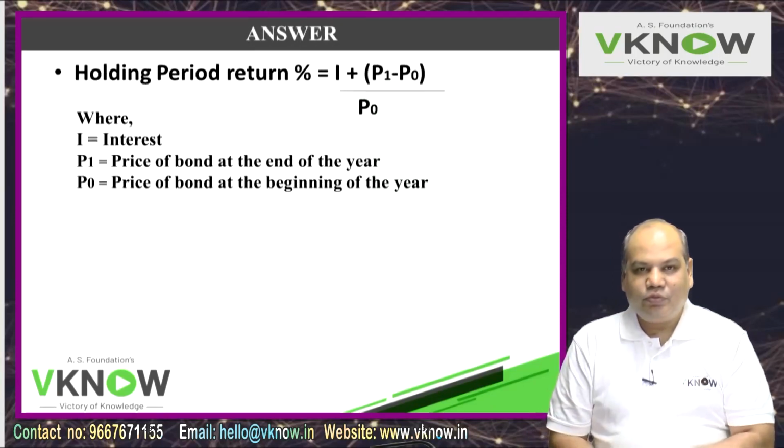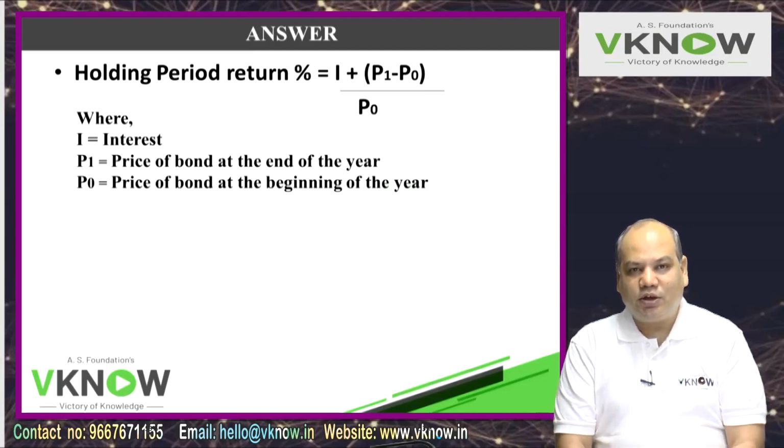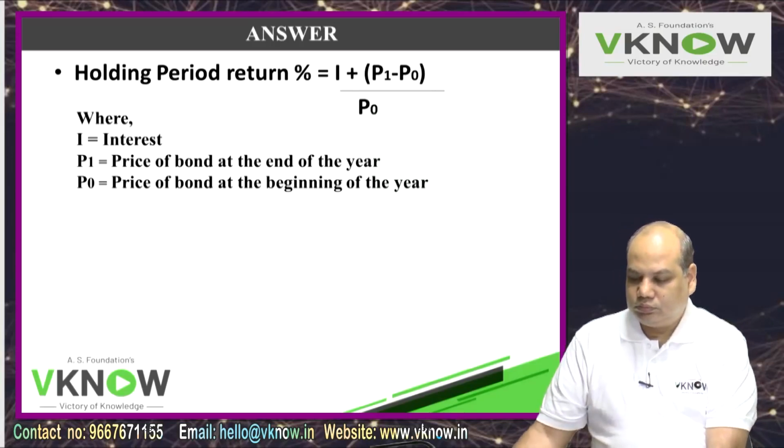Write down holding period return percentage is equal to I plus P1 minus P0 upon P0, where I is equal to interest, P1 is equal to price of the bond at the end of the year, P0 equal to price of the bond at the beginning of the year.